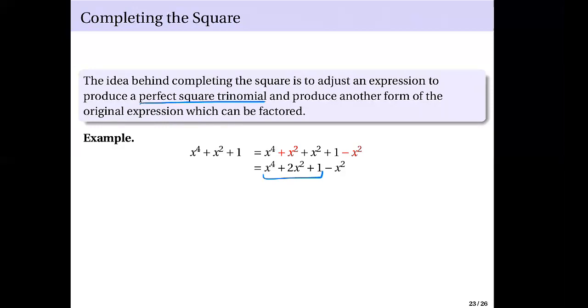Meaning, if it's a perfect square trinomial, it can be written in the following form: y plus a quantity squared is equal to y squared plus 2ay plus a squared. So this is a perfect square trinomial. If it's a perfect square trinomial, you can write it this way.